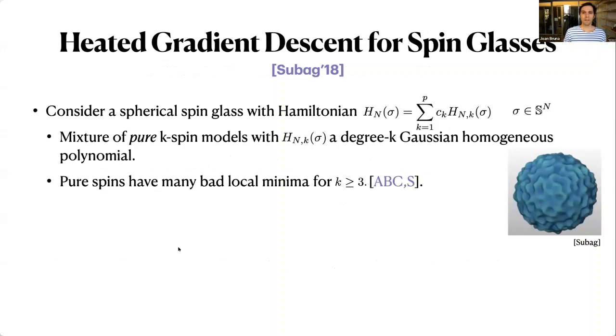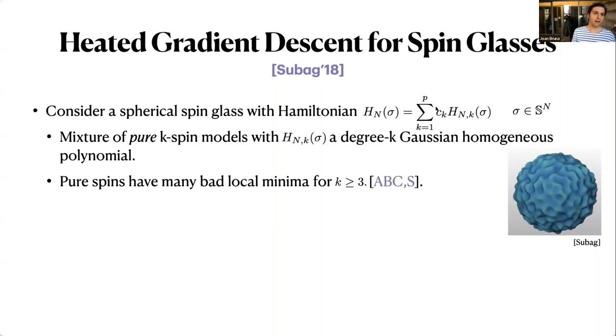Another example that might show you this is interesting is what happens in spin glasses. Spin glasses are notoriously hard problems. If you really want to test a non-convex optimization algorithm, you should think about what would happen on a spherical spin glass. It's a very scary object. It's a random polynomial on the unit sphere that has Gaussian coefficients.